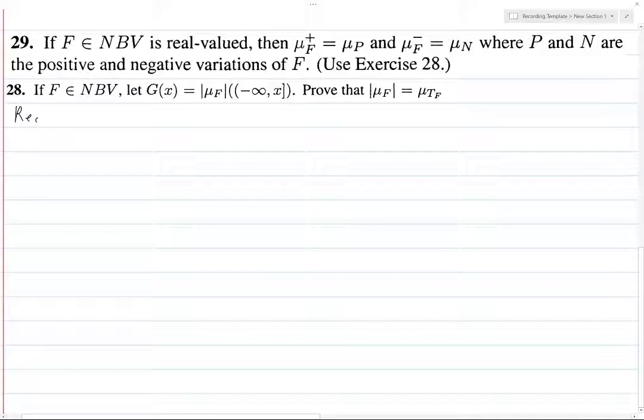So first, recall that P is equal to 1/2 (TF plus F), and N is equal to 1/2 (TF minus F).